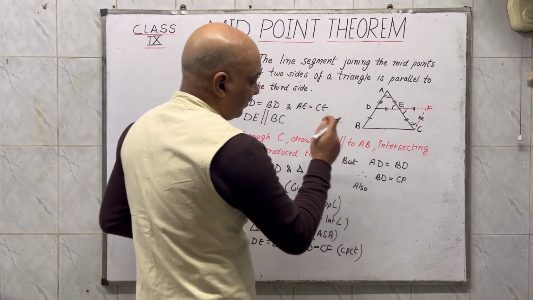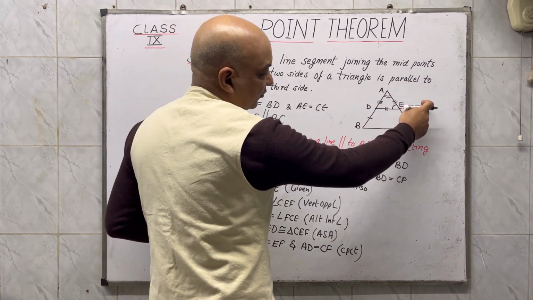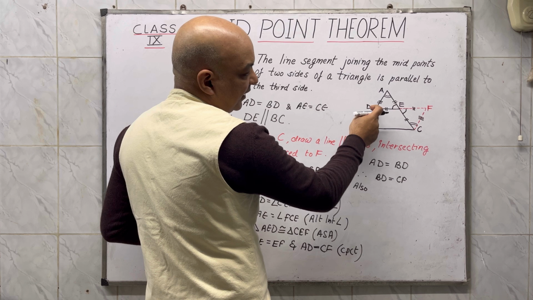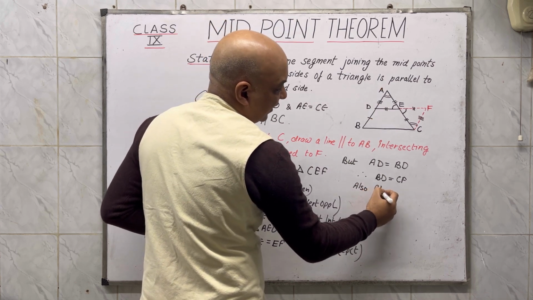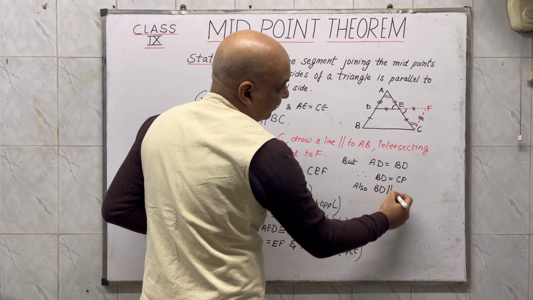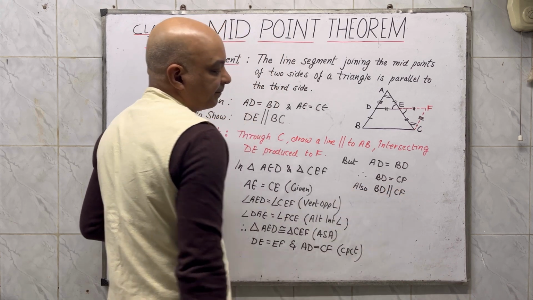Also, by construction we had drawn AB parallel to CF and BD is a part of AB. So I can write BD parallel to CF, that is by construction.